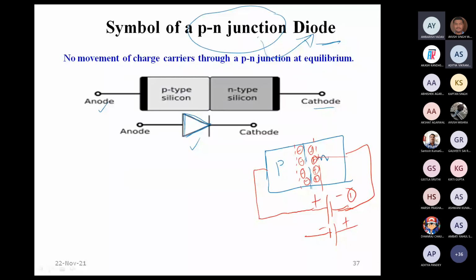When we look at the first possibility, externally we are applying a voltage as shown here. This battery will apply a positive potential on this side and negative on this side, and an external field builds up across this p-n junction.